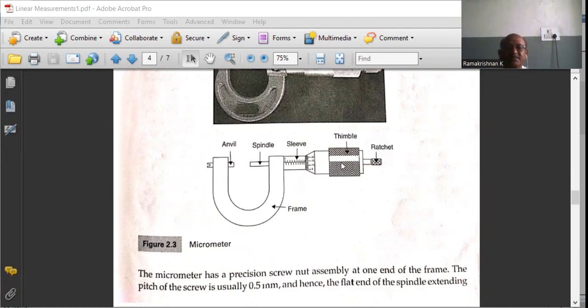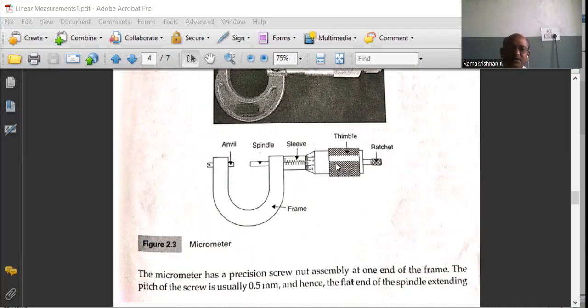Whenever we rotate the thimble, the screw rod also rotates and moves the spindle from left to right or right to left. The barrel consists of scale divisions called the main scale, and the thimble travels along the sleeve, which has scale divisions called the pitch scale.